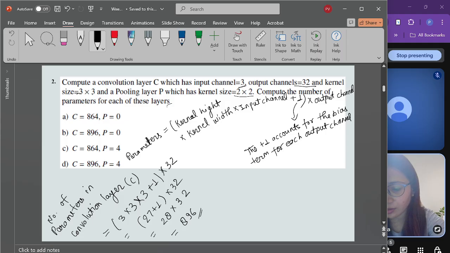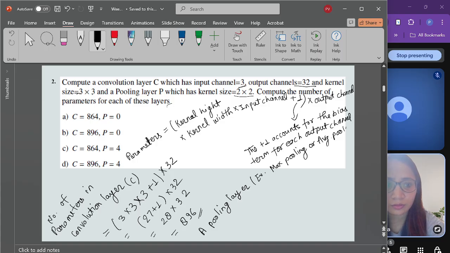Okay, I can write it here. A pooling layer, for example max pooling or average pooling, is a fixed function with no trainable weights or biases.